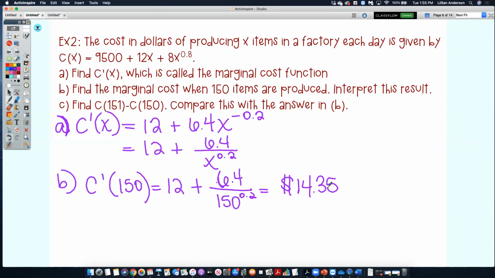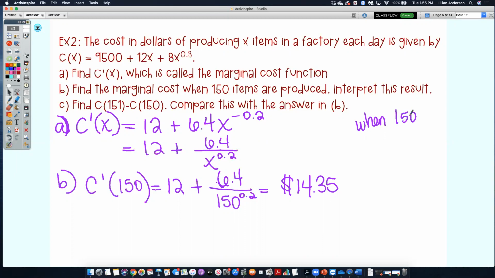The cost, our dependent variable, is increasing when what? Well, remember this derivative is the instantaneous rate of change, okay? So when, how many items was it?